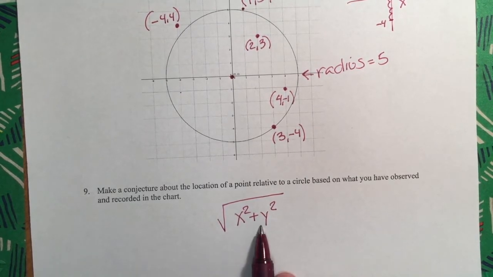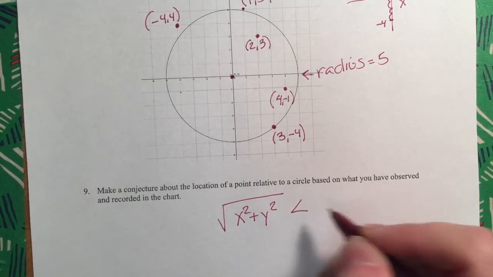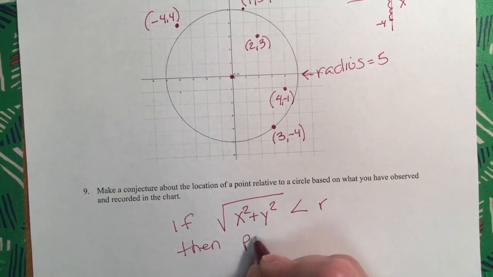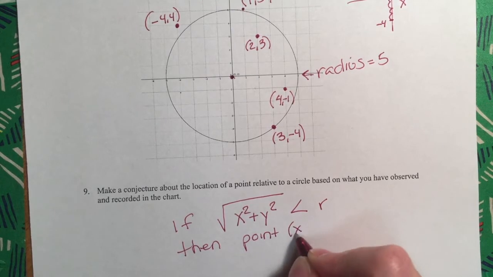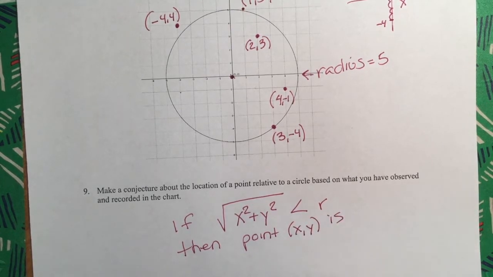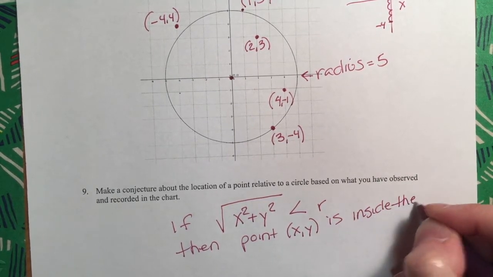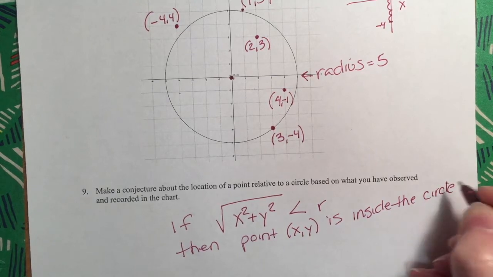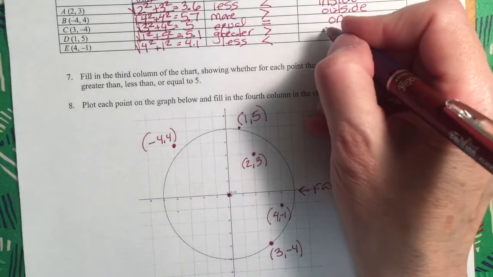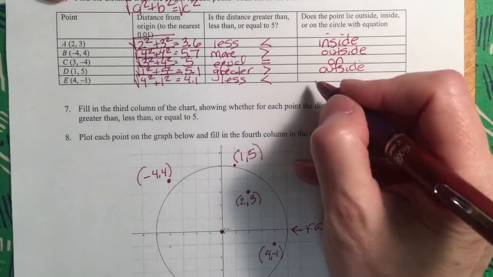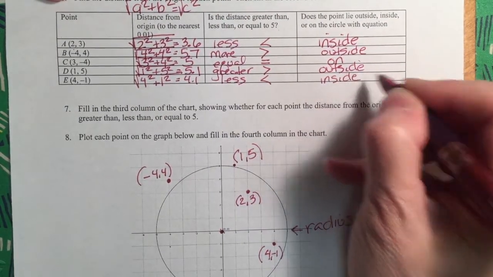If that number is less than the radius, then point xy is going to be inside the circle. Let me fill these in. This was outside because it was greater, and this was inside because it was less.